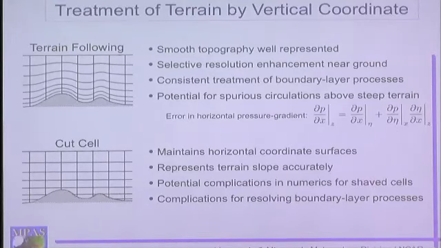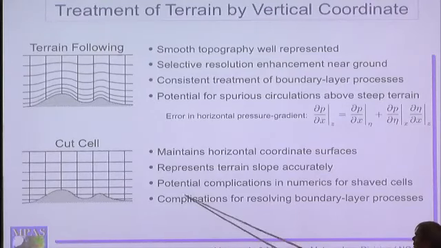And from my own experience with playing with different cut cell approaches, this is one thing that I've continued to be somewhat uncomfortable about in terms of how we actually treat the numerics in those cut cells. I'll try to come back to that a little bit right at the end.